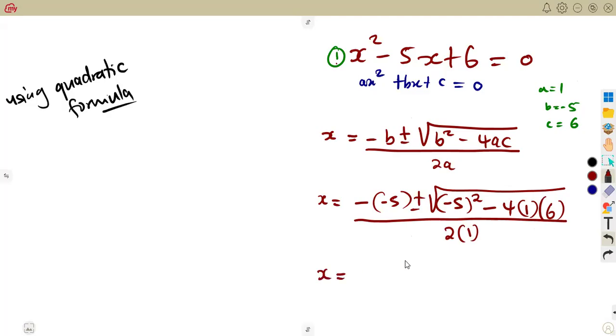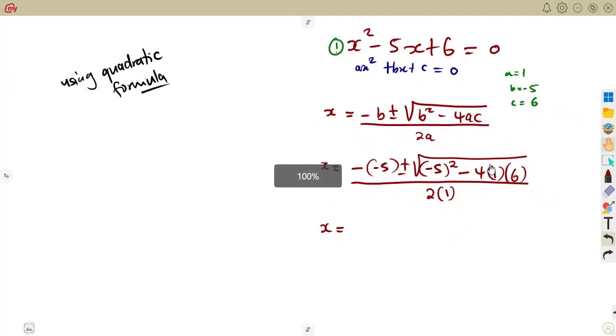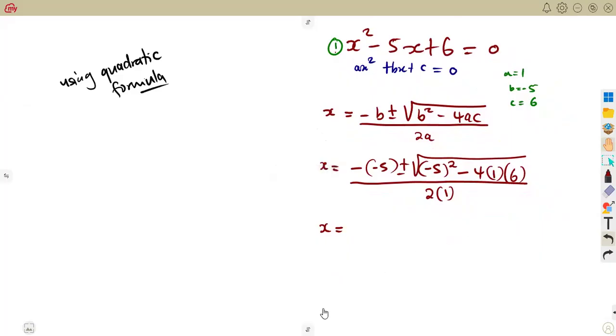If you still remember, guys, properly, for those that have been part of our classes, I said when you are solving the quadratic equation, try by all means to show the examiner, to show the marker, this part here.